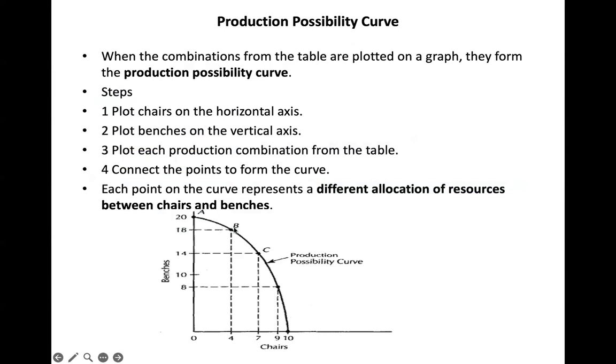So when you use 4 additional benches, doesn't it mean you are going to add the 2 already decreased from 20 to 18, or is it just the 4? I don't know if you get my question right. Yes. We will come to that. We come to the calculation. Relax, we will deal with that. Okay, thank you. When we are done with how to calculate the opportunity cost using the graph, you will get to know.